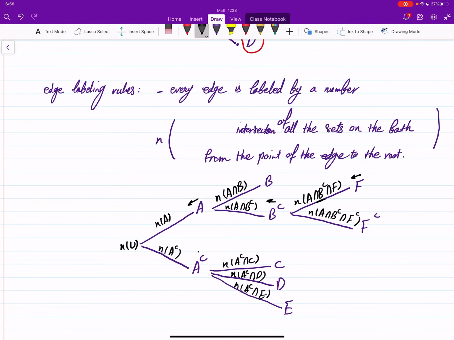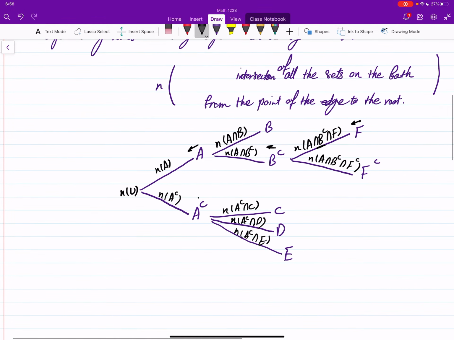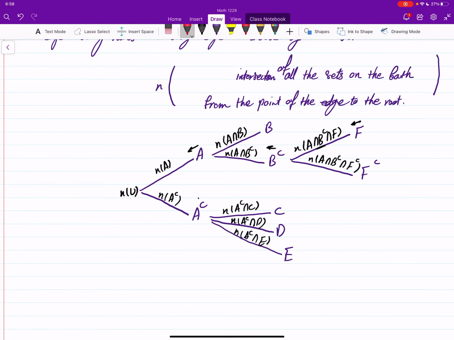There is one thing that comes as a result of the way we set up the labeling, and it is the simplest thing you will see. Consider any point. There are edges going out of that point on its right hand side.